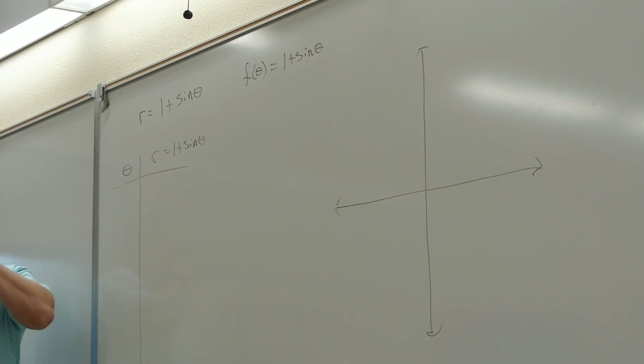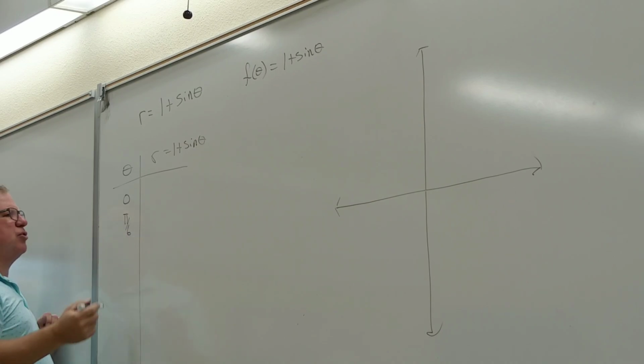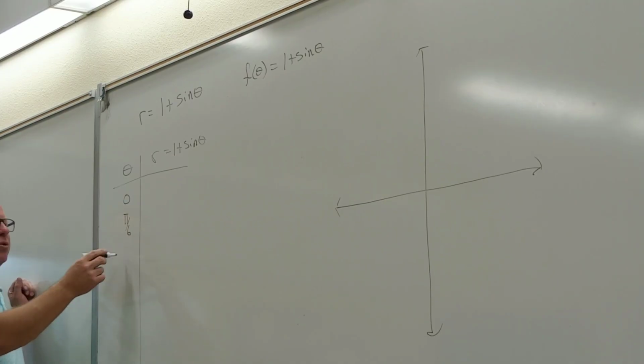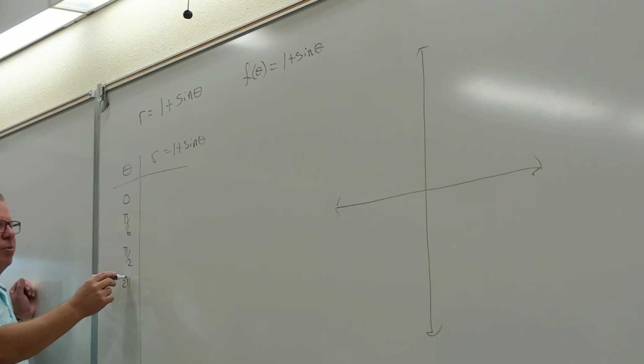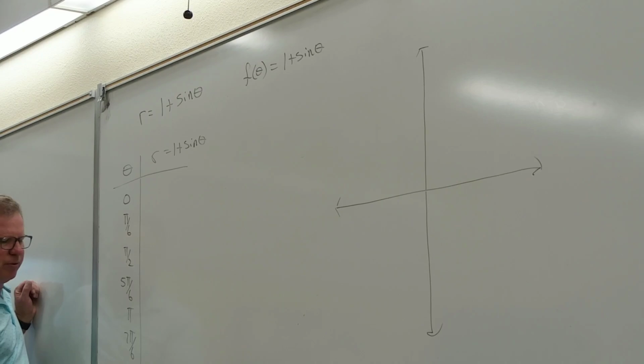And I'm going to choose numbers that give us some clean results here. So I'm going to choose numbers like 0, pi over 6. I'm not going to choose pi over 4 because that'll give us a root. I'm not going to choose pi over 3, that'll give us a root. Pi over 2, 2 pi over 3, no, not 2 pi over 3, forget that one. 5 pi over 6, pi, 7 pi over 6. Let's jump to 3 pi over 2.